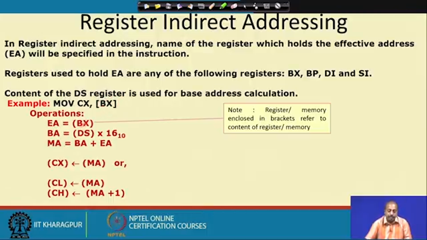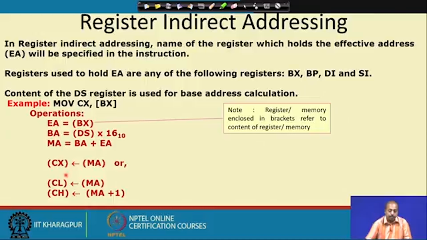This effective address is the content of the BX register. Whatever BX is holding will be the effective address, and the base address is DS multiplied by 16. The physical address that is generated is this base address plus this effective address. They will be summed up and we will get the actual memory address.